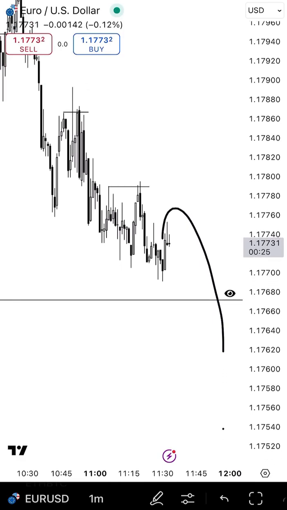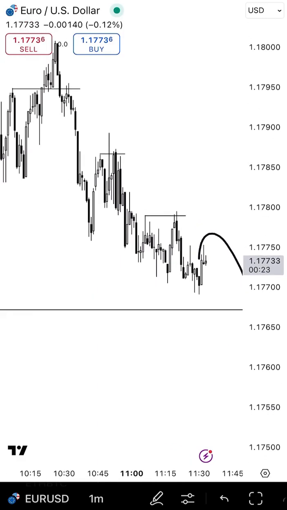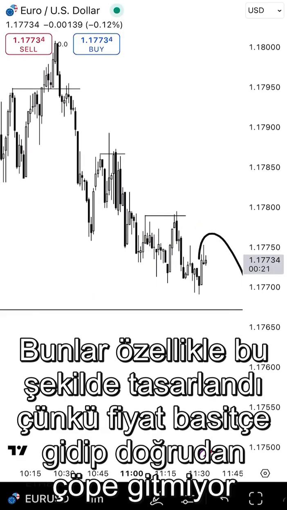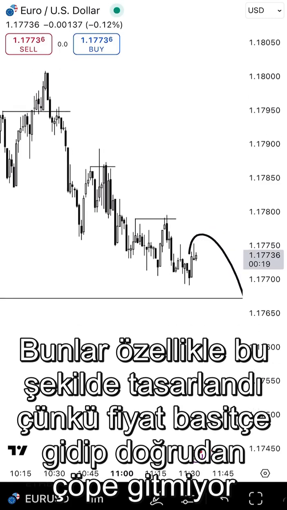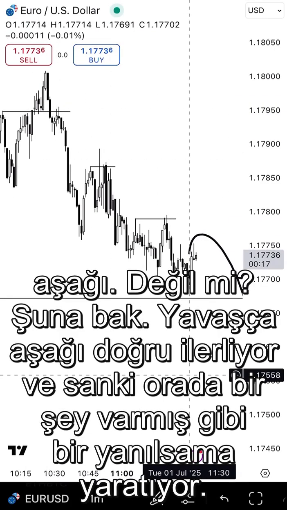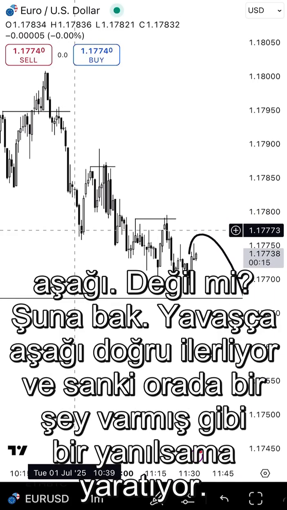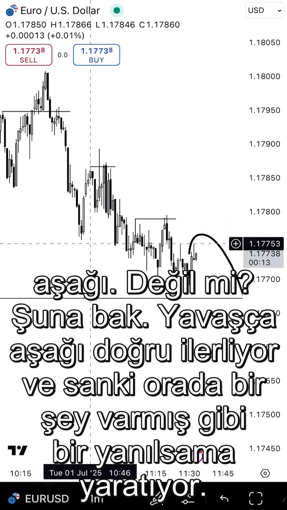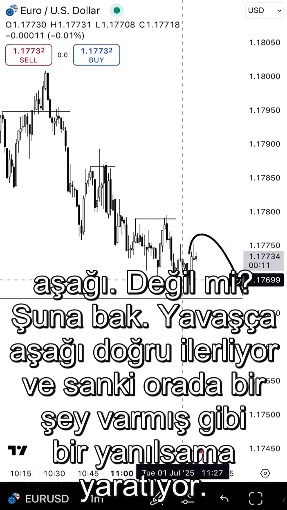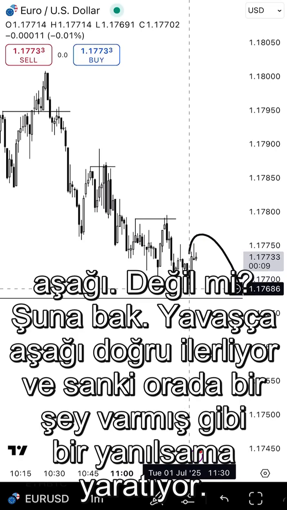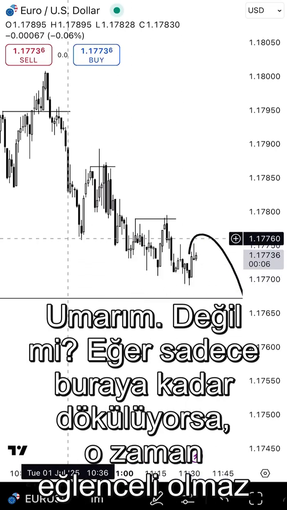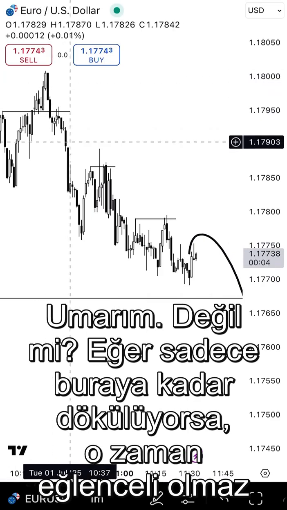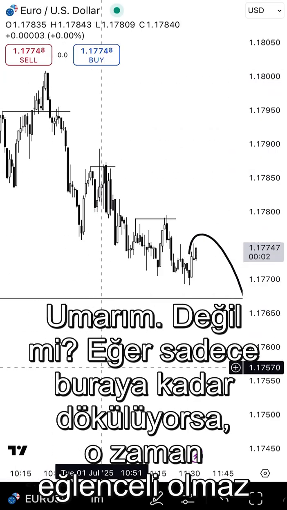And these mid-move consolidations, they're specifically designed the way they are, because price doesn't simply go and dump straight down. Right? Look at this. It's slowly grinding down and down, creating the illusion that there's hope. If it simply dumped all the way down here at once, then there's no fun in that.